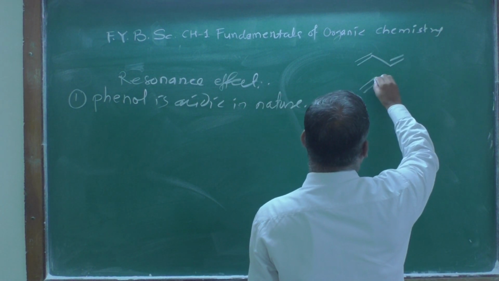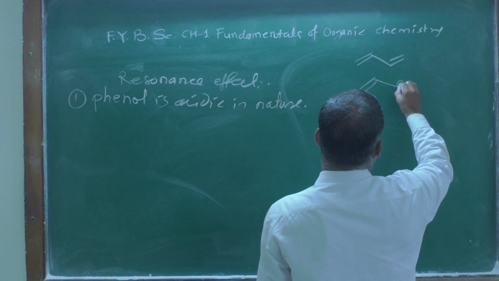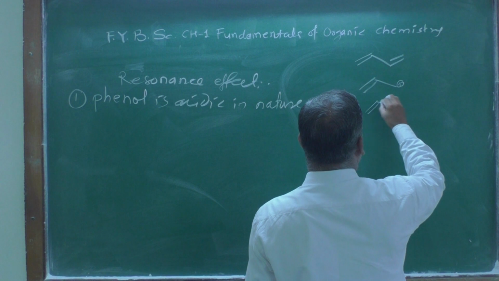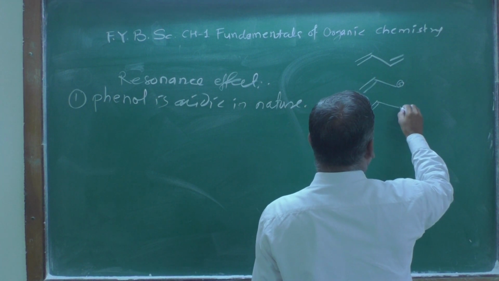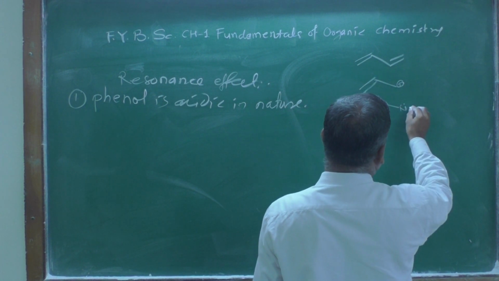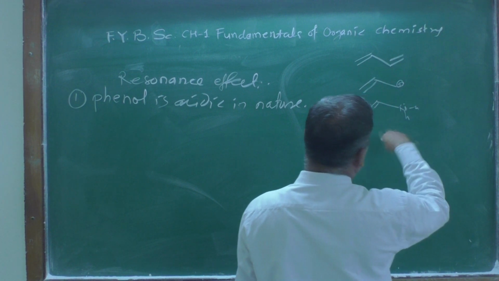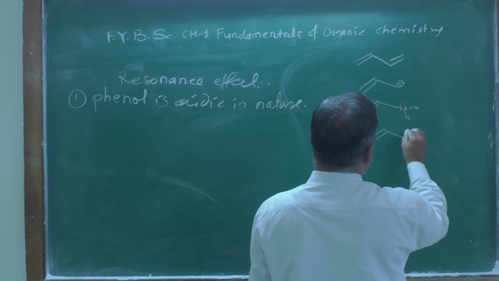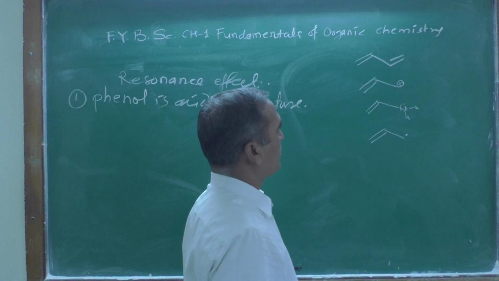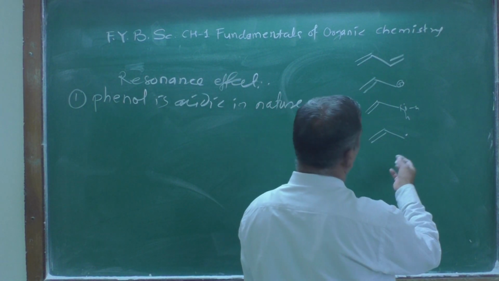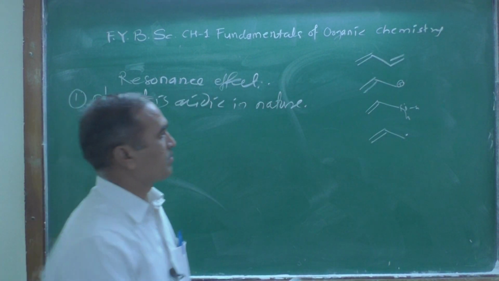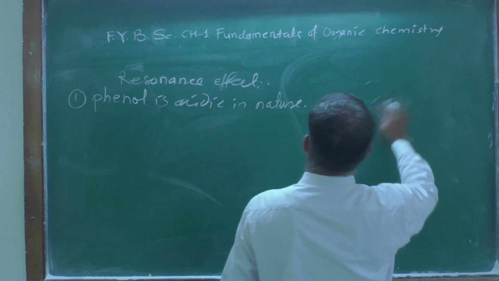Or if next to the carbon-carbon double bond there is an empty p orbital, or a nitrogen with a lone pair, then resonance is possible. Suppose radicals are there, then also there is a possibility of resonating forms. So those types of systems can show resonance.